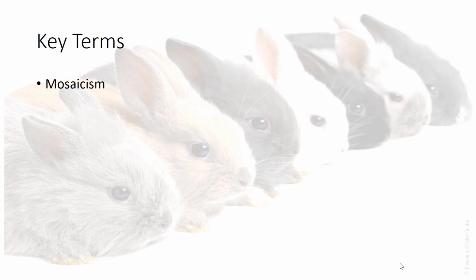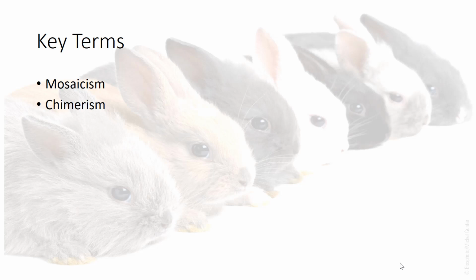Now, typically, we're not talking about huge genetic differences. We're talking about small genetic differences between these cell lines. But some of the implications of this you can see in huskies, where they've got one blue eye and one brown eye very commonly. That is a great example of genetic mosaicism. And we can see some other examples as well.